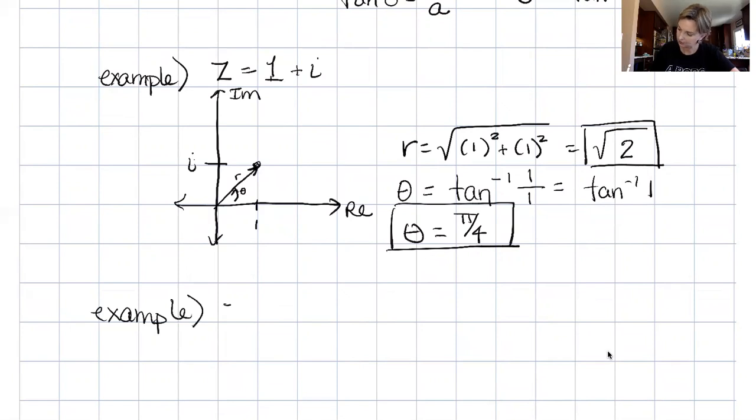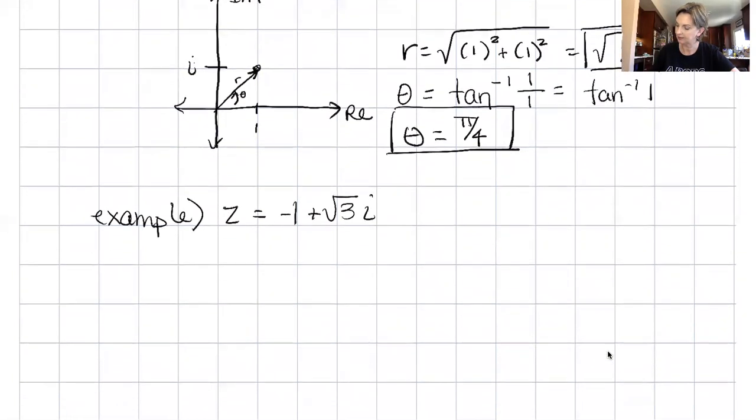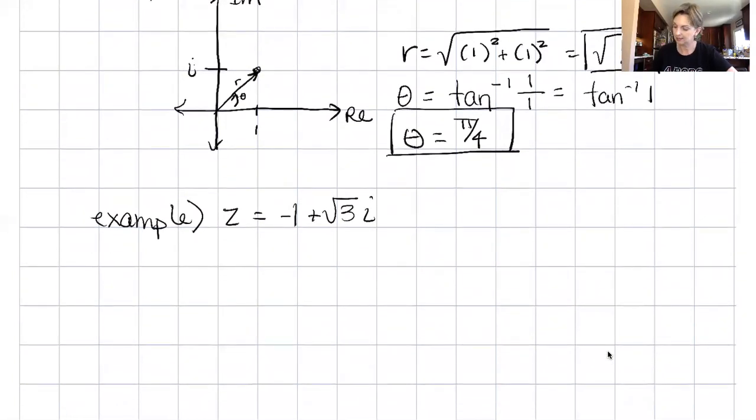Okay, let's do -1 plus the square root of 3i. Okay, it always is a nice idea to give yourself a little drawing, see what you're looking at. You can do a better job than that. Let's see.